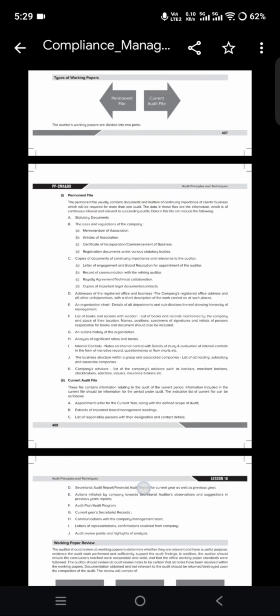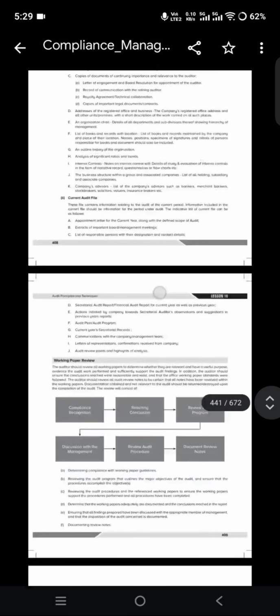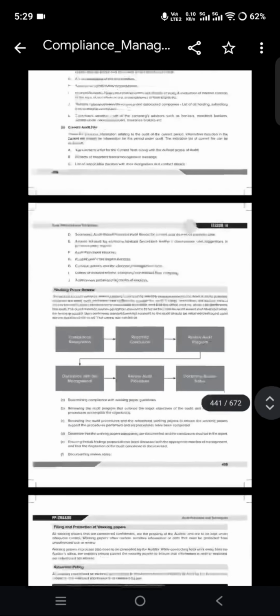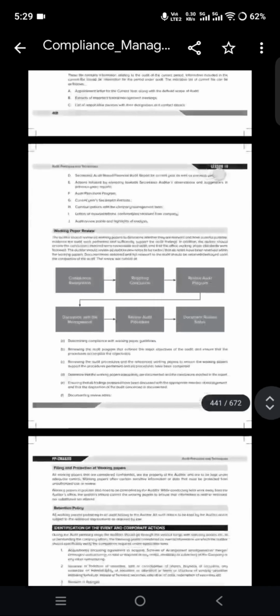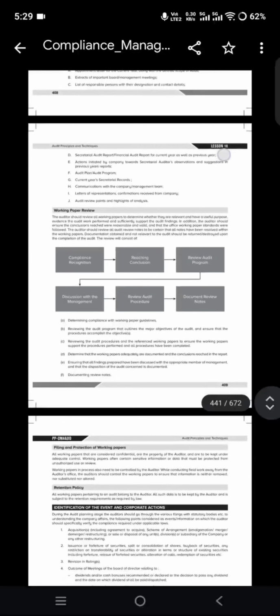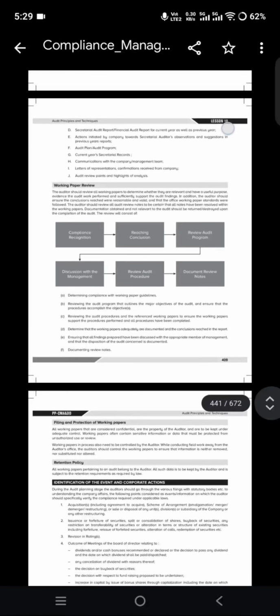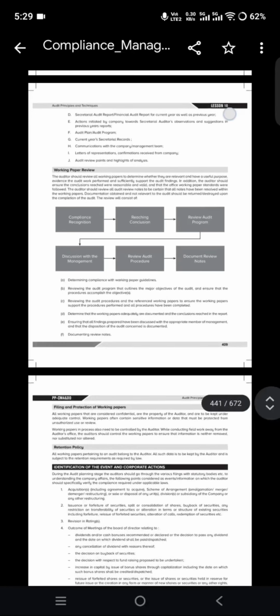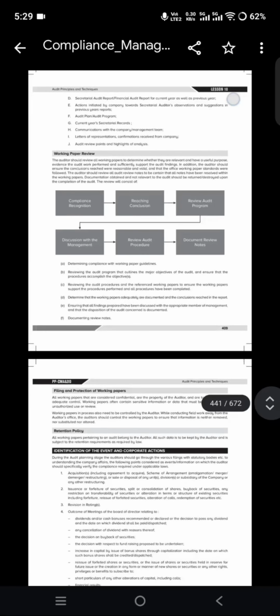Next, working paper review. In this fourth line, the auditor should review all audit review notes to be certain that all notes have been resolved within the working papers. This line we can add: the review will consist of compliance recognition, reaching conclusion, review audit program, discuss with the management, review audit procedure, document review notes. 6 points are there.